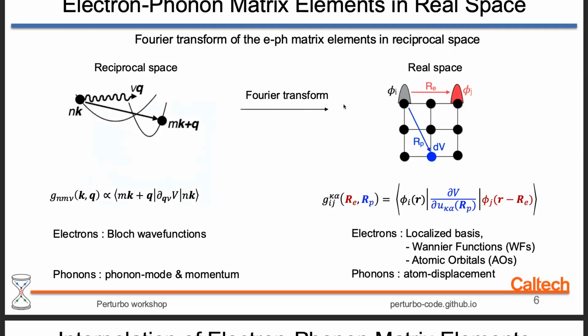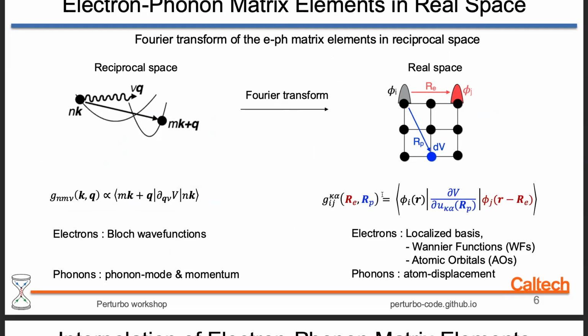The strategy to interpolate, I think Marco touched on this, but I'll go over it in a bit more detail, is the real space representation of the electron-phonon matrix elements. We are most used to thinking about electron-phonon coupling in reciprocal space, where it's a coupling of a phonon mode between two electronic bands, each with well-defined crystal momentum. But this can be Fourier transformed into real space.